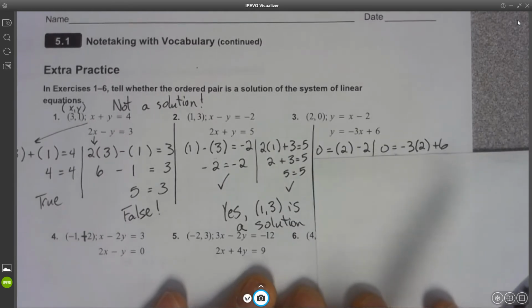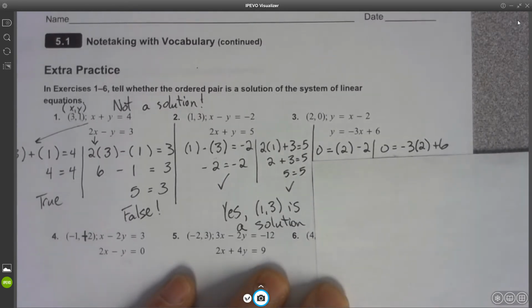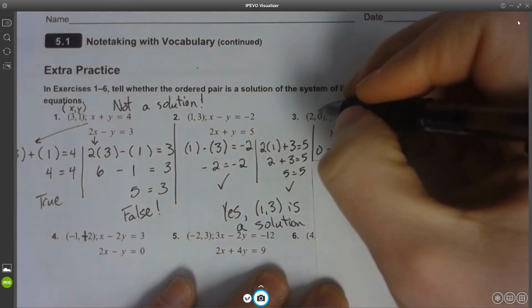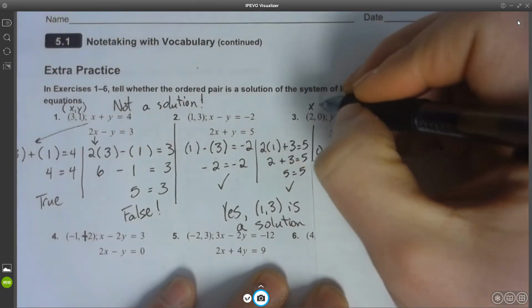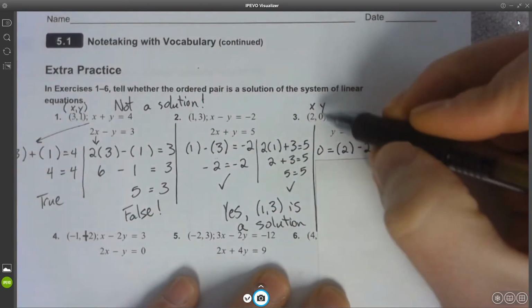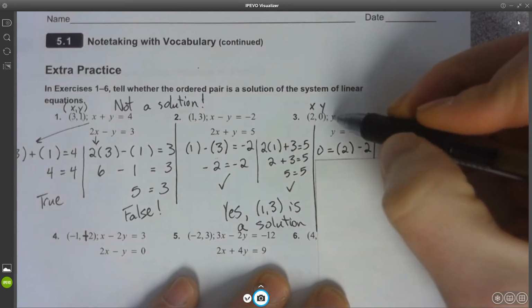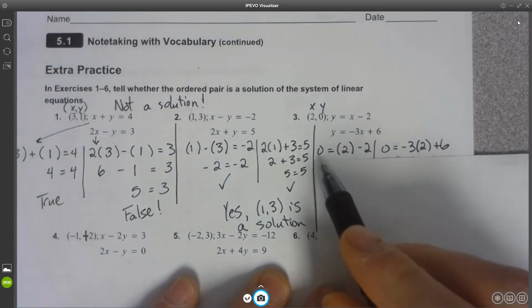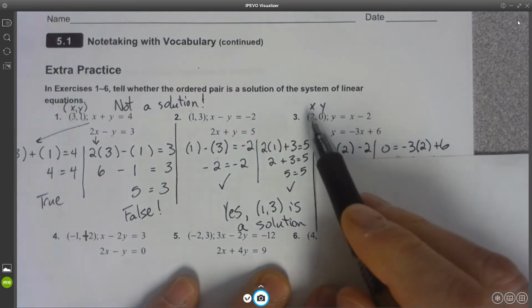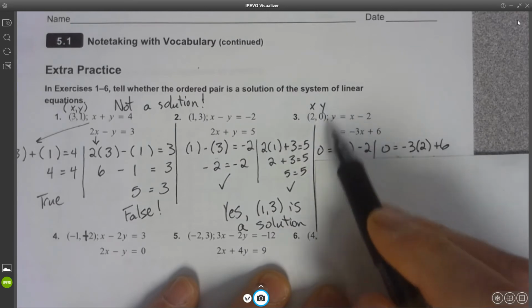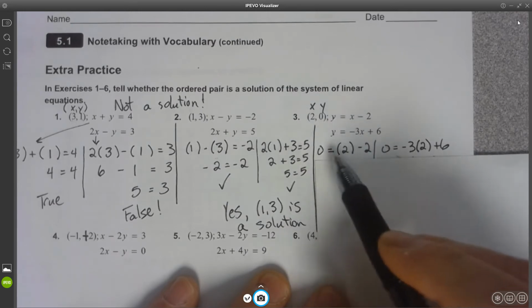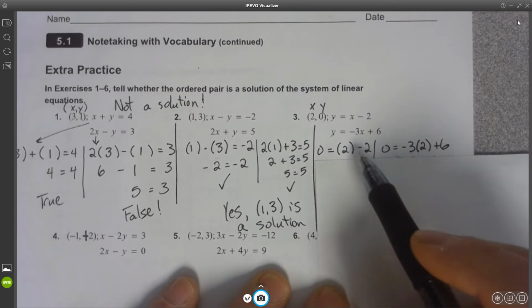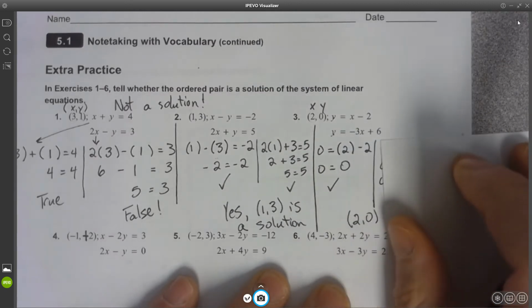When we do the same thing into both equations with number 3, remember 2 is x, 0 is y. So for both of these two equations, we're putting a 0 in for y. And then I'm substituting a 2 in for x. So y, 0, equals 2 minus 2. Well, 2 minus 2 is 0.